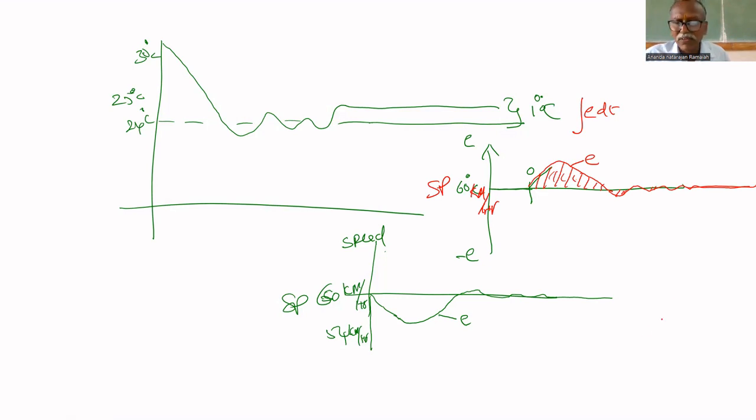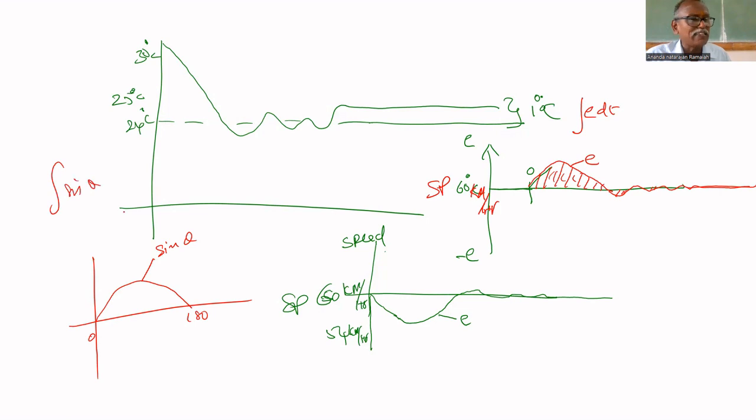Suppose I have a graph like this, let it be sine theta, where theta varies from 0 to 180 degrees. If you integrate sine theta d theta, you will get the area under this graph. If you integrate up to 360, you will get 0.